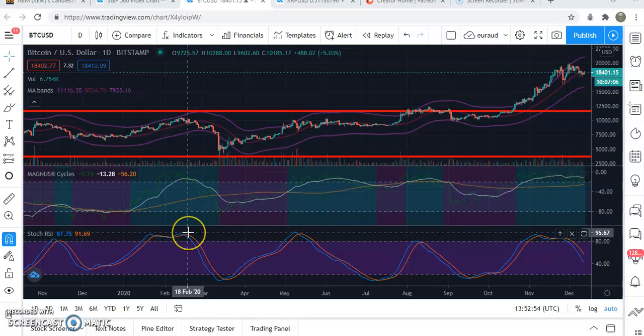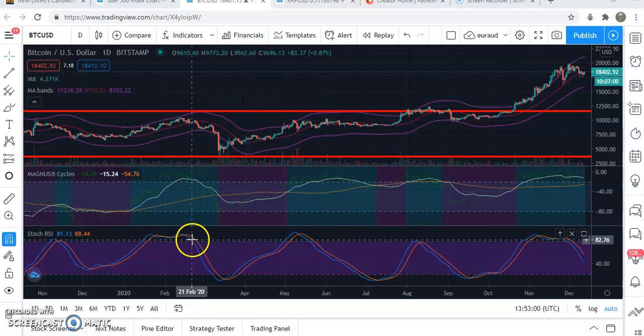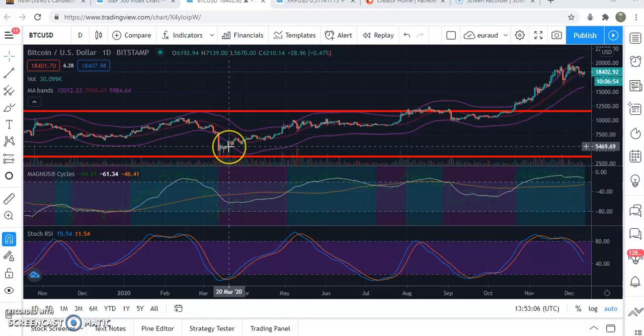We see that both the two lines were moving above the upper threshold, and when we received the sell short signal, Bitcoin was worth 9,500 US dollar. Then we close this position around here, so 5,300 US dollar. Okay, so in every case, we are going to make a profit.